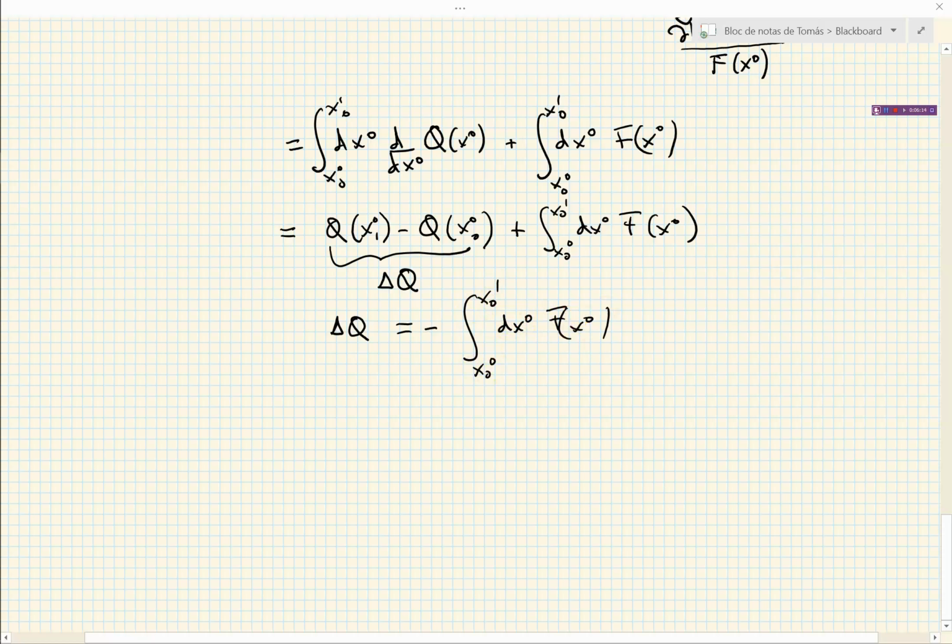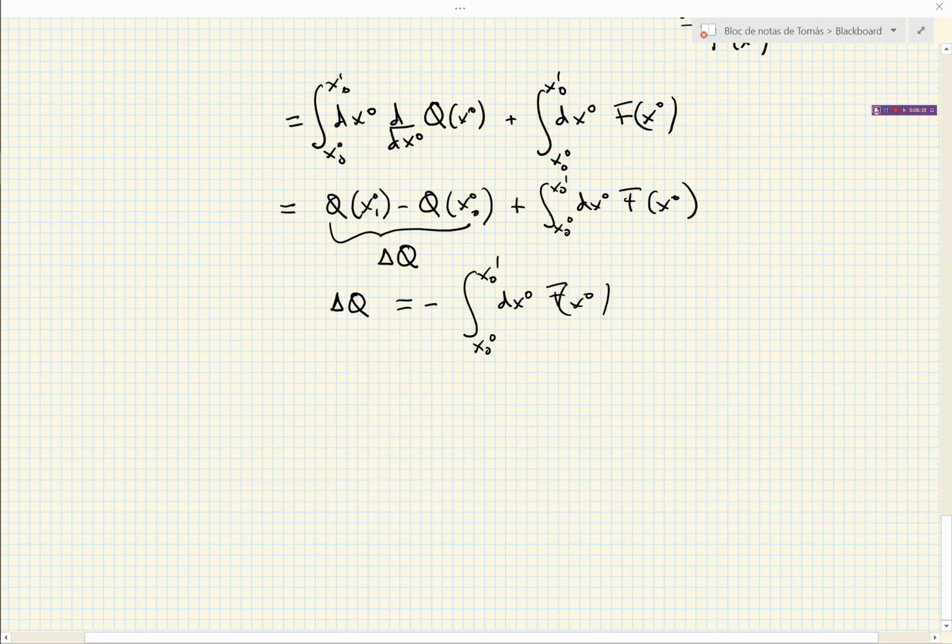This is the general form of the conservation of a charge. It's not that the charge doesn't change; the charge contained in some volume changes, and its change is related to the amount of charge that crosses the surface. So there is as much charge as there was at the beginning, plus the charge that has entered as a flux of charge and has come out as a flux of charge.